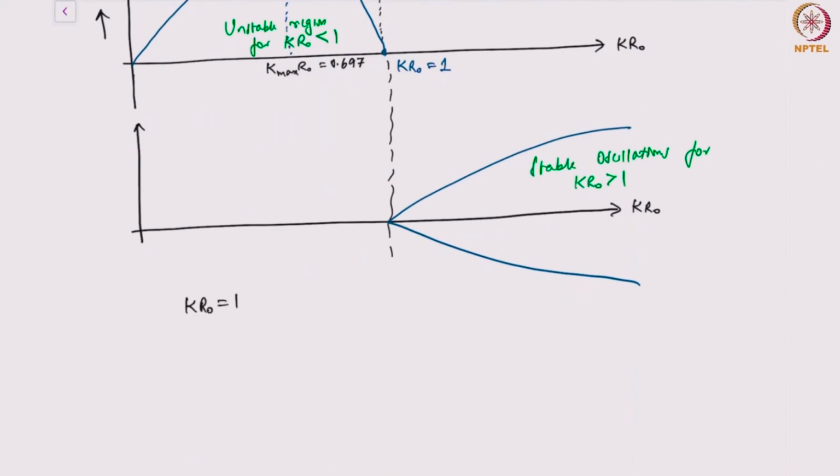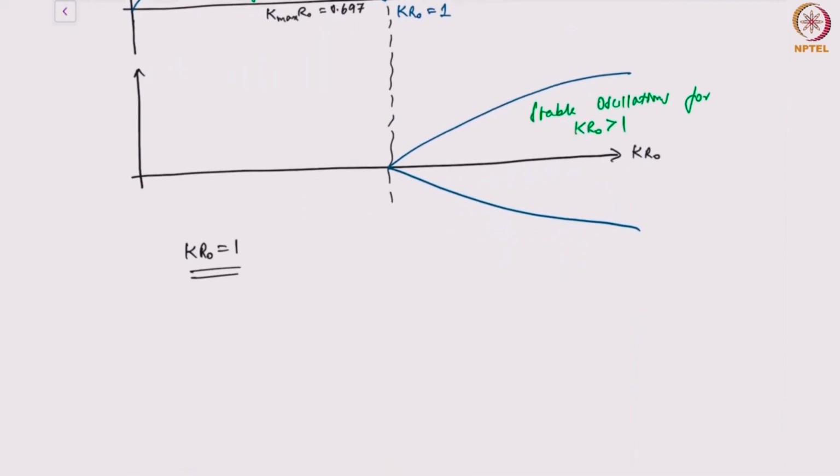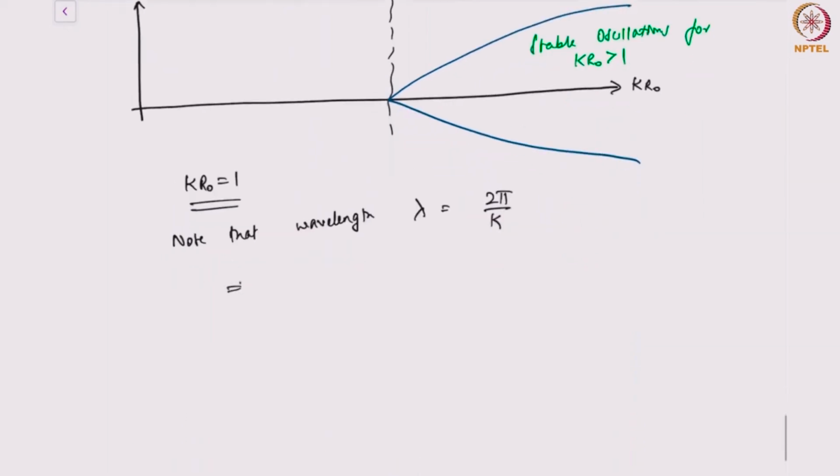What does it mean? If you write the wave number in terms of the wavelength, note that the wavelength lambda is 2 pi by k. So what you now have is 2 pi by k r naught should be less than 1 for instability.